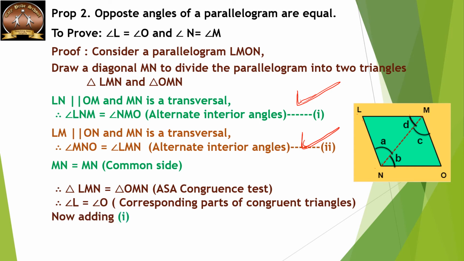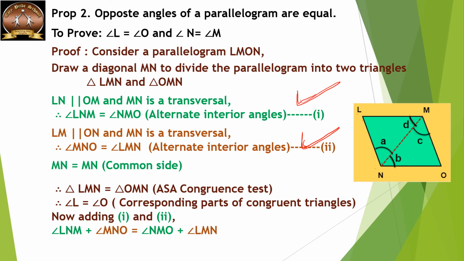Okay, so adding, we will get LHS plus LHS equal to RHS plus RHS. So angle MNO plus angle LNM, that is LHS plus LHS, will be equal to RHS plus RHS.